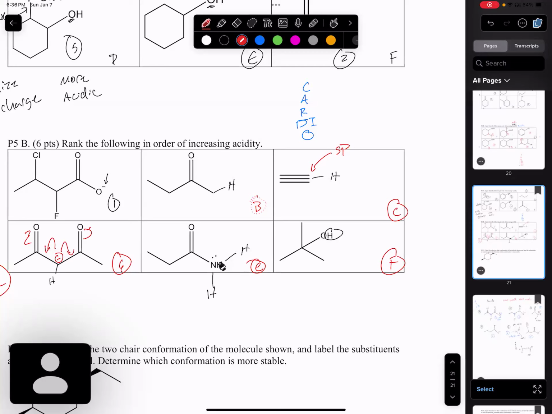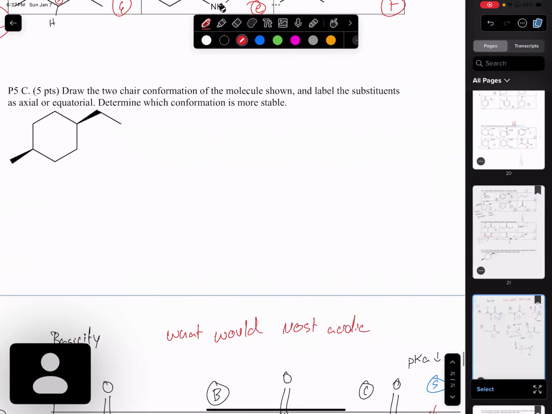Does anybody know? If you don't, does anybody have an idea why this is? Why it's more or less acidic? What exactly are we comparing? We're comparing C and F.